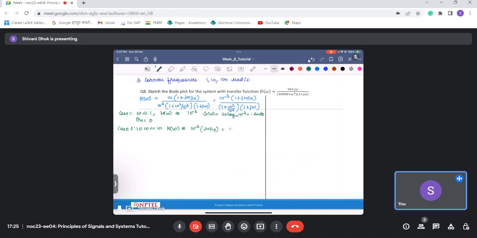So this is equal to 10 power minus 4 j omega. So here g of omega is equal to 20 log base 10 of 10 power minus 4 j omega with an absolute sign. So this comes out to be minus 80 plus 20 log base 10 omega.